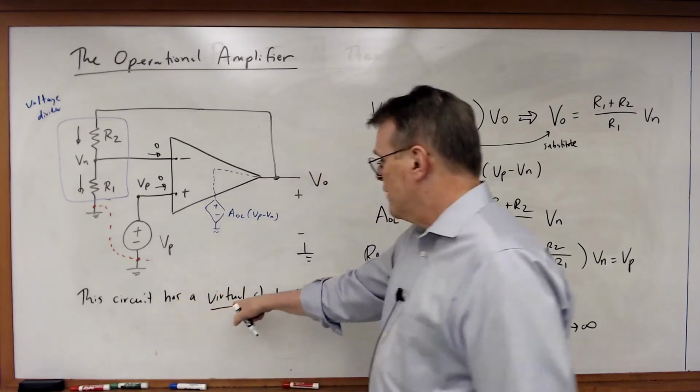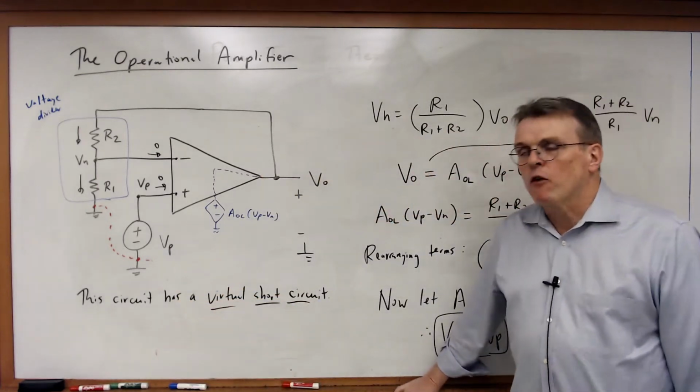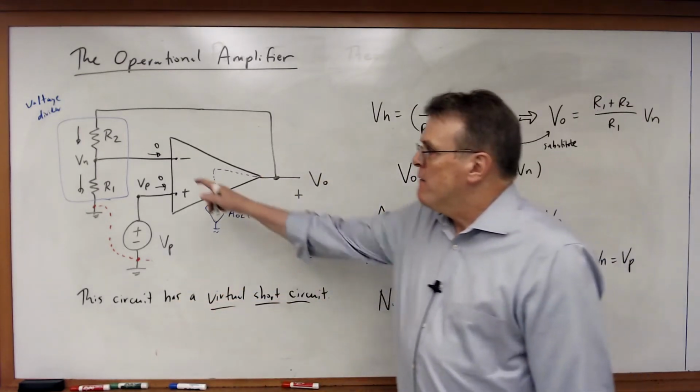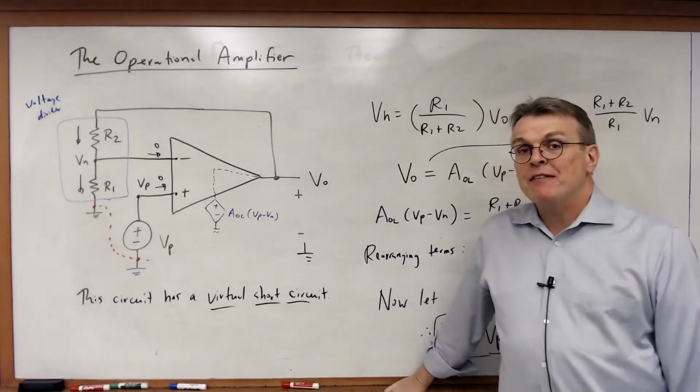So this op-amp circuit now has what we call a virtual short circuit. Vp and Vn have the same potential.